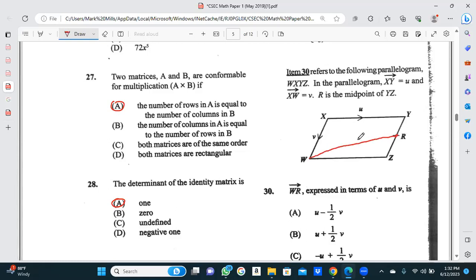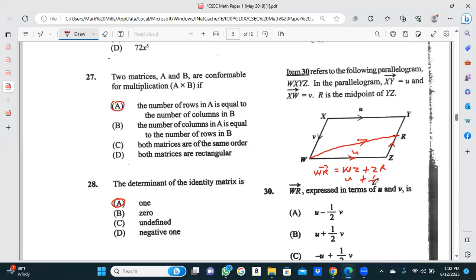All right. So what we are going to do here is WR will be equal to WZ plus ZR. So WZ would have been this one going this way, which will be U, plus ZR. ZR will be, you see, this arrow is going in the opposite direction. This one is going down, but I want to go up. So if I'm going up, it will be the opposite direction.